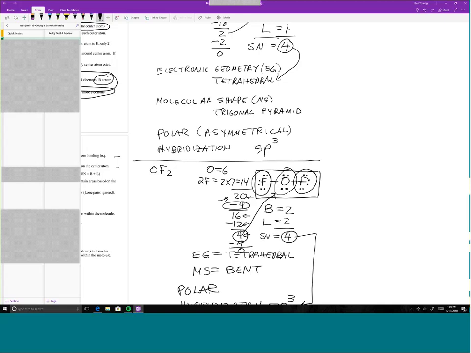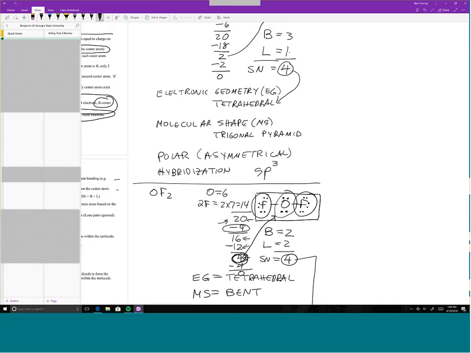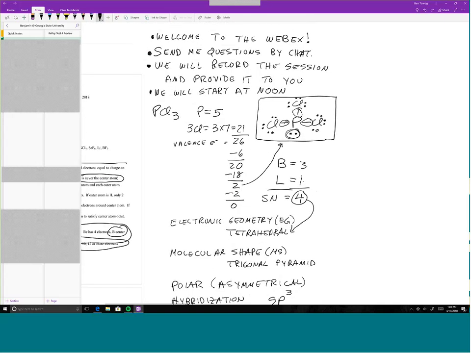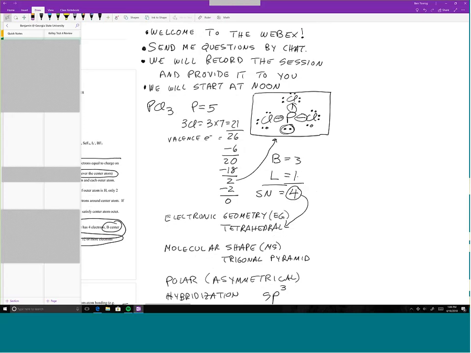It comes because as you do the counting and the subtractions, you wind up with a non-zero number, and you have to place those on the center atom. Actually, the very first molecule we worked today, PCl3, was another example. 26 electrons in the whole molecule. We had 3 single bonds.